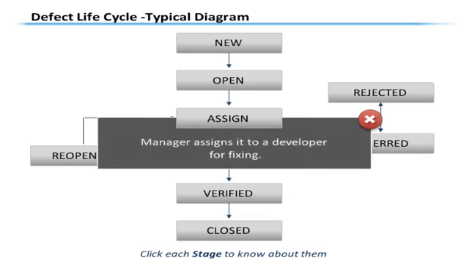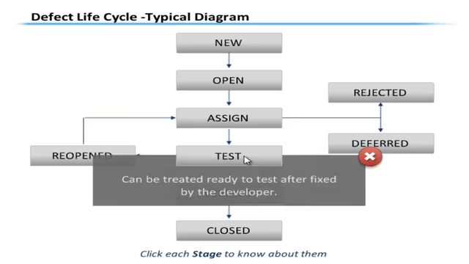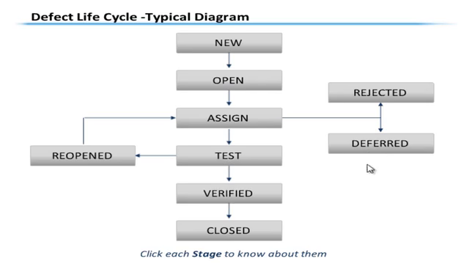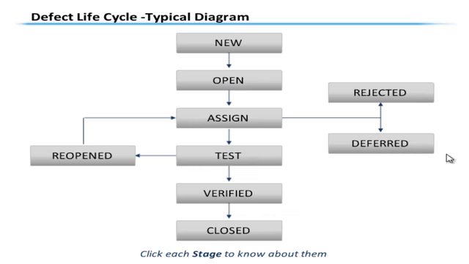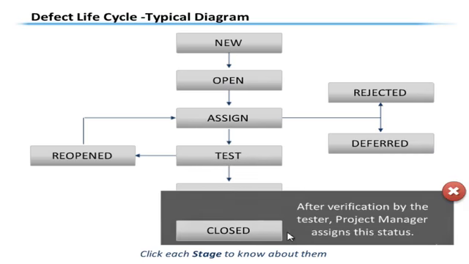Assign. The manager assigns it to a developer for fixing. Test. It can be treated ready to test after fixed by the developer. Verified. The defect is verified by the tester. Closed.